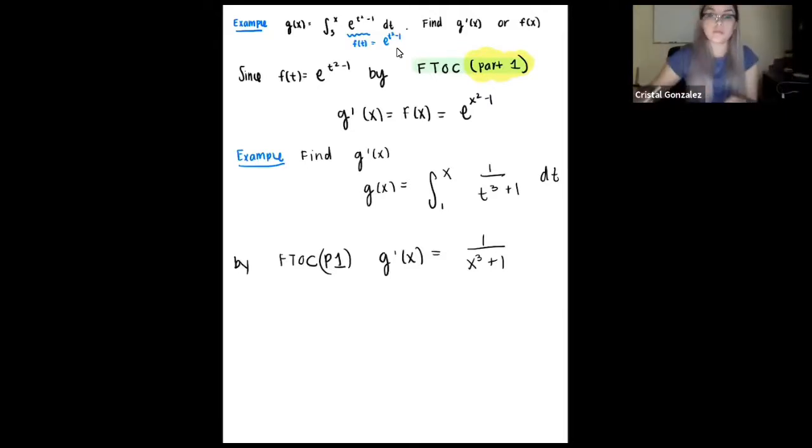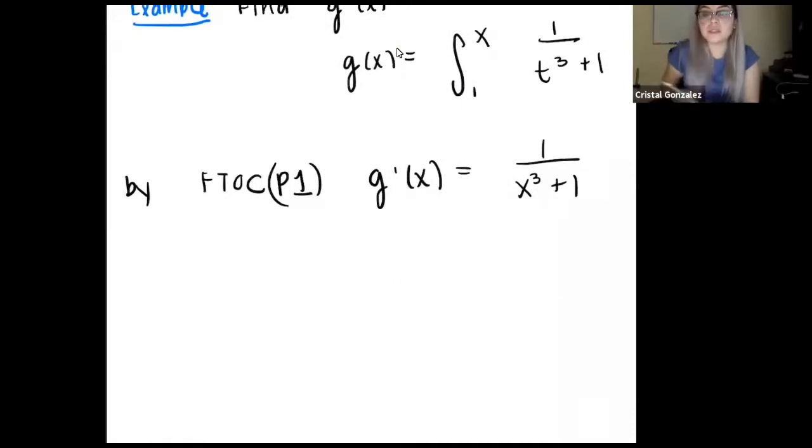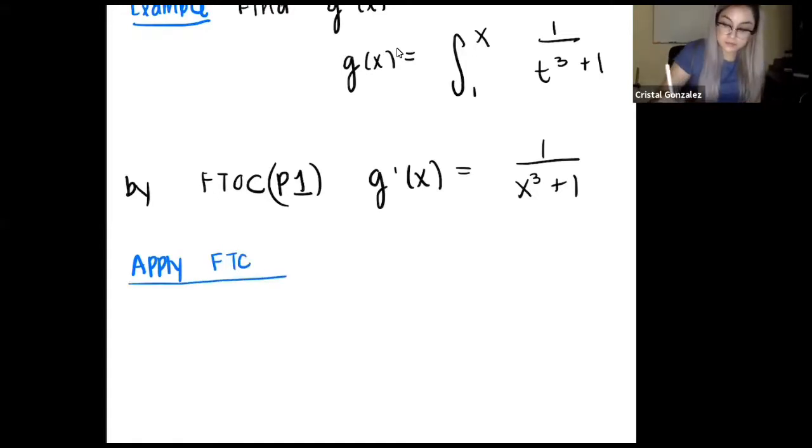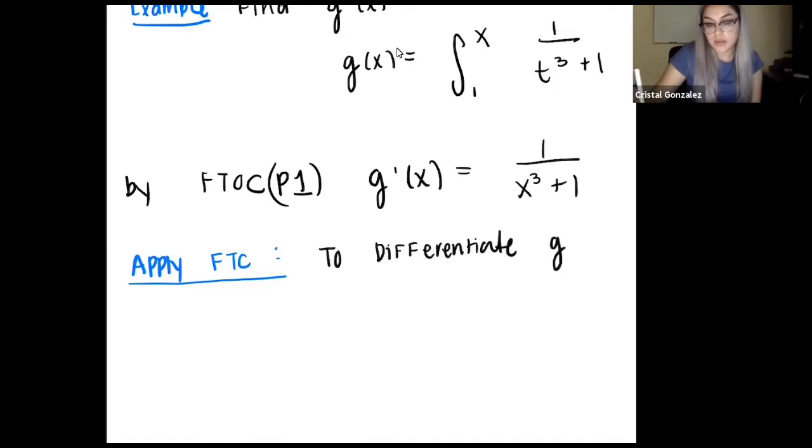And this is really what's going on in the background. So let me show you. To apply the fundamental theorem of calculus, and this will work each time, all the time, to differentiate g of x, which is equal to the integral from a to p of x, some function p of x.